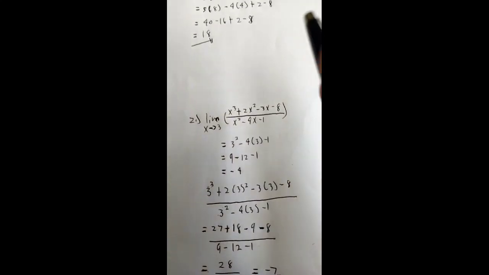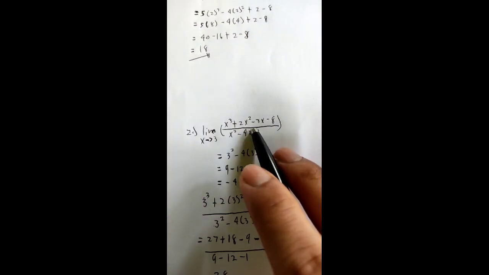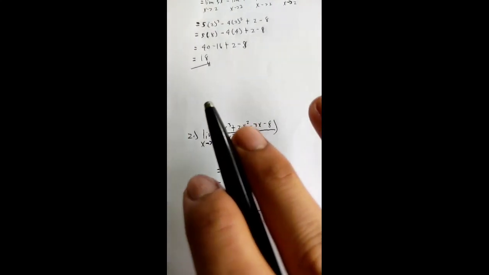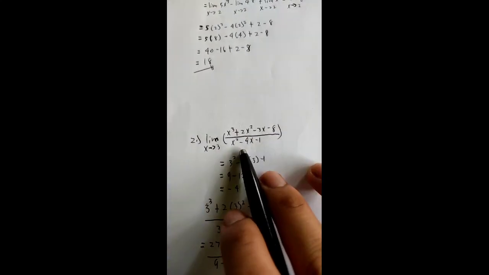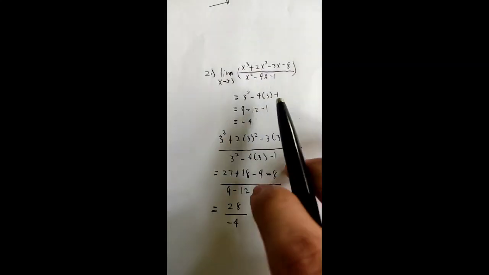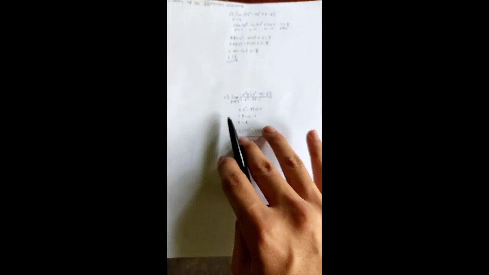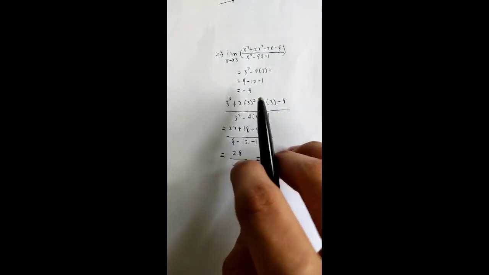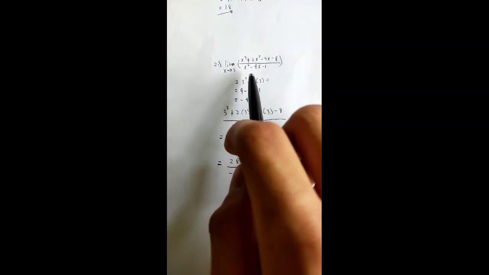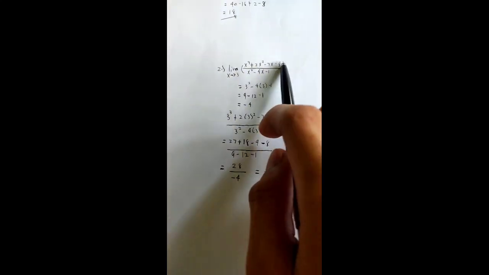Proceeding, if we got a number when we solved the denominator, that also means we can use direct substitution on the numerator. So we will use direct substitution on the numerator. It goes like this. As we did on the denominator, we just substitute the x approaches to 3 to all the x variables.